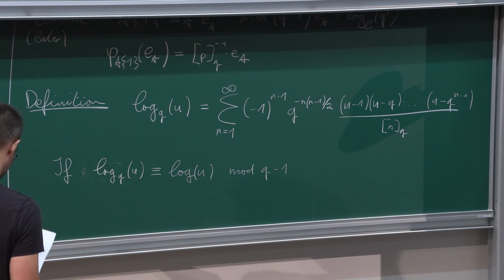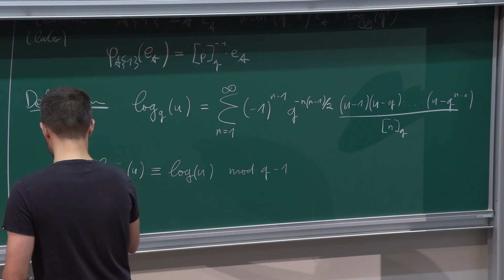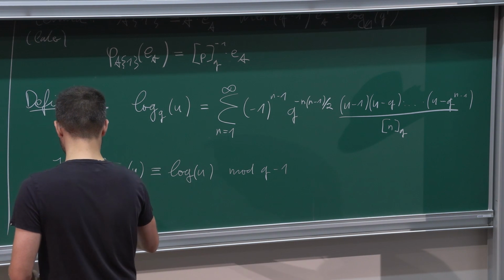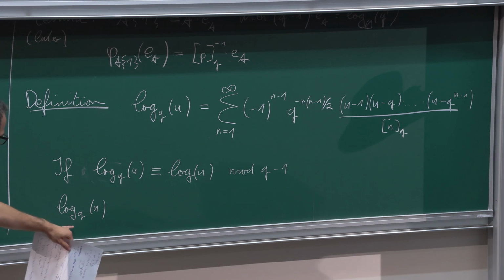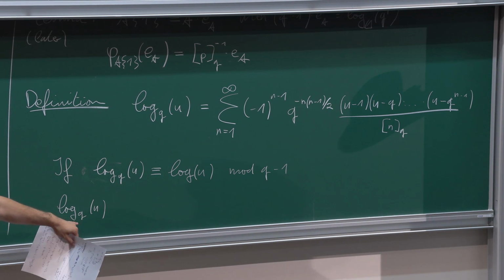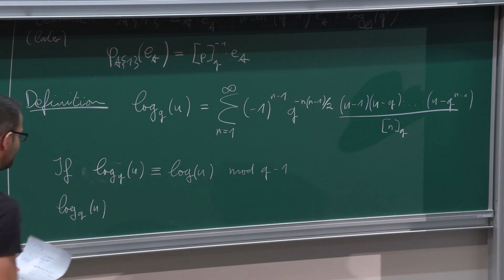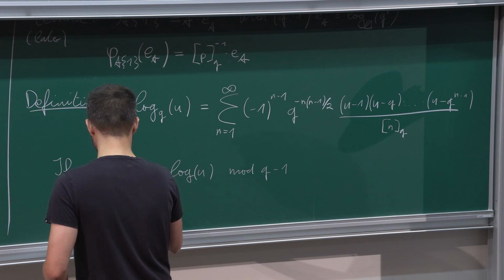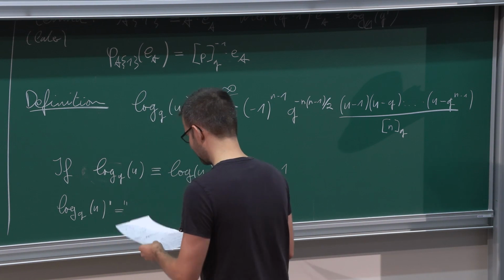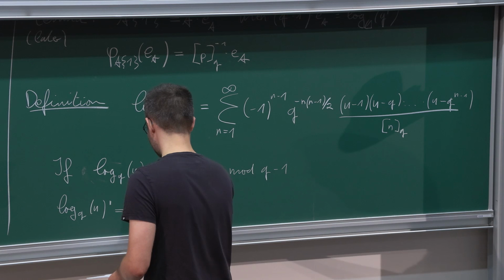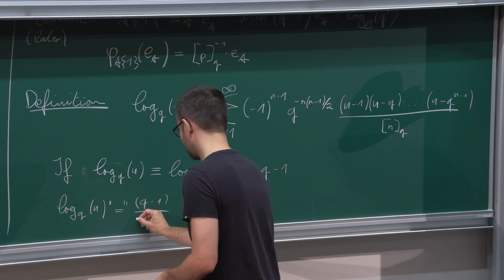Also another property that one can see is that actually the Q logarithm is a multiple of the logarithm. But here one has to be careful, namely it's the following multiple.